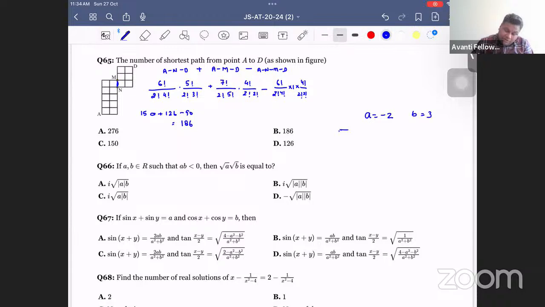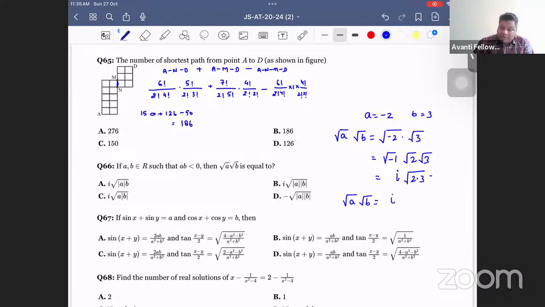So under root A under root B is under root of minus 2 under root of 3. Take this as under root of minus 1 under root 2 under root 3, which can be written as iota times under root of 2 into 3, or iota times under root of the magnitudes individually. So similarly, you can write under root A under root B as iota under root of magnitude of A magnitude of B. So this will be your answer.